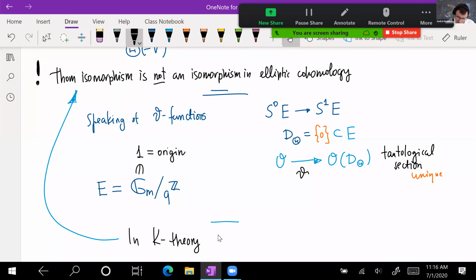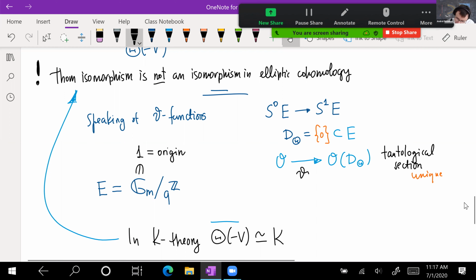Theta of minus v is isomorphic to O. I'll just write O, which is just K theory itself. So this is the Thom isomorphism.